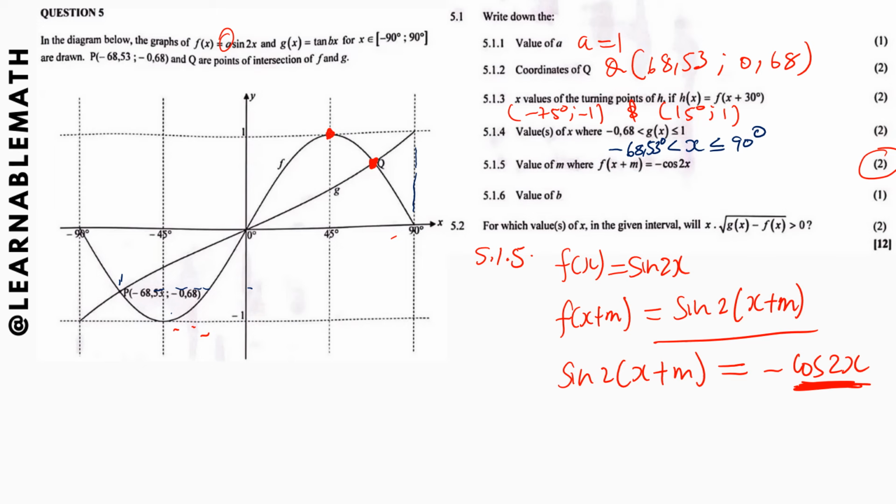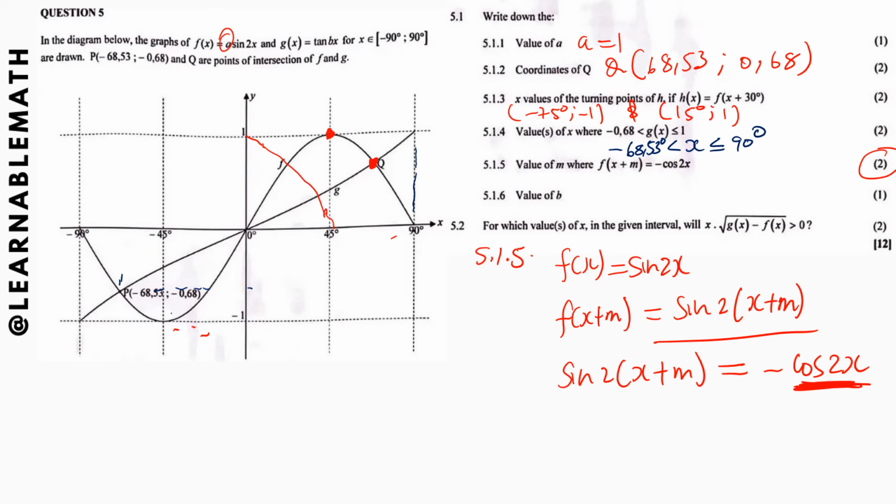It will start from 1 like that, going down, because at cos 2 times 45 it will be 0, so it will come and cut here. But that's the positive 1, right?